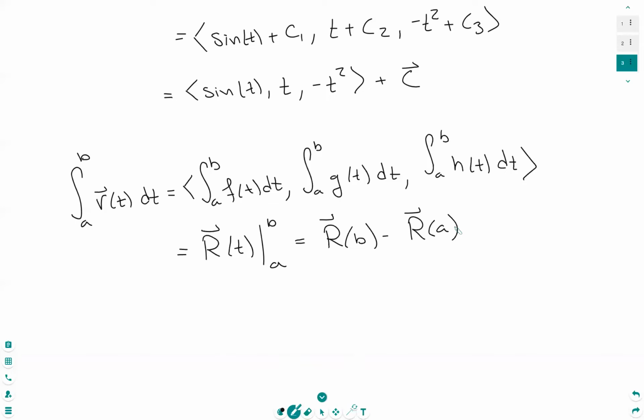It's just a generalization to a higher dimensionality, but do not think about it in terms of area underneath a curve, because t is this parameter. It doesn't necessarily exist in x, y, z space.